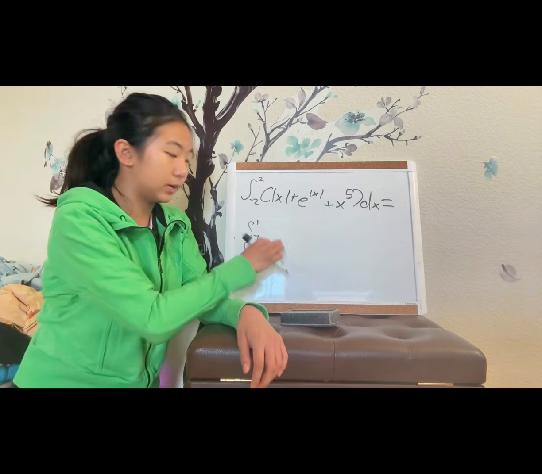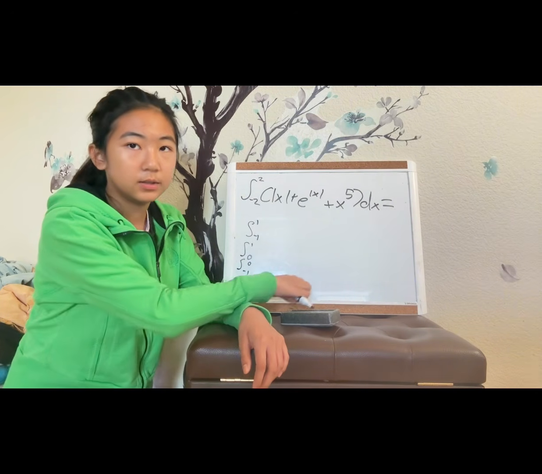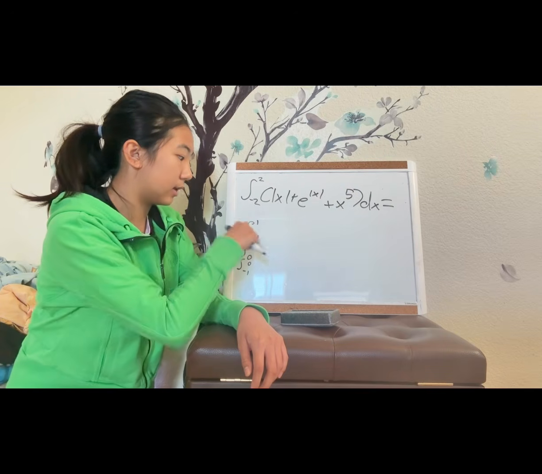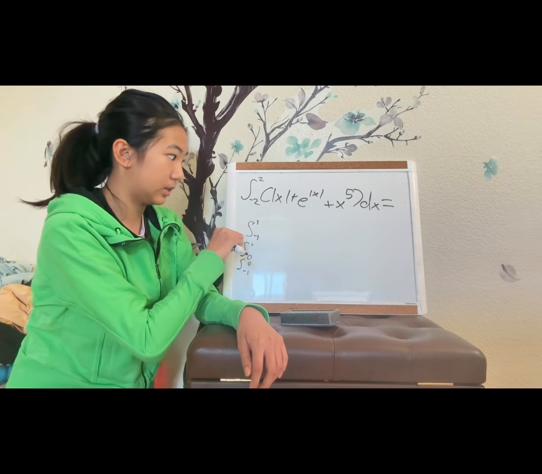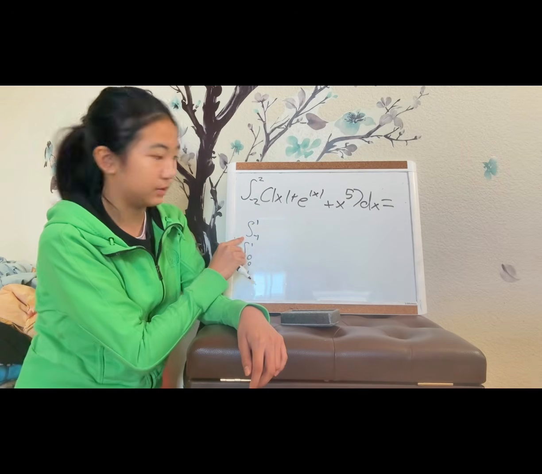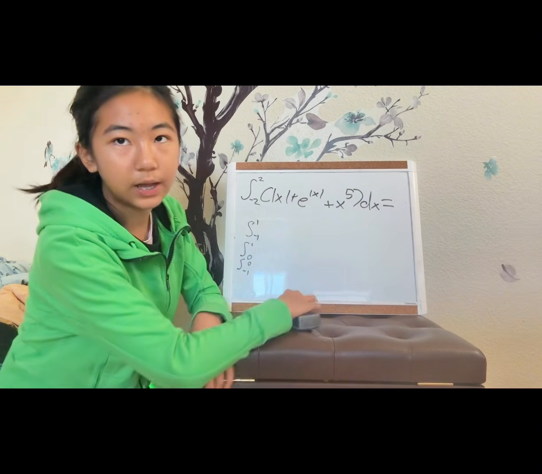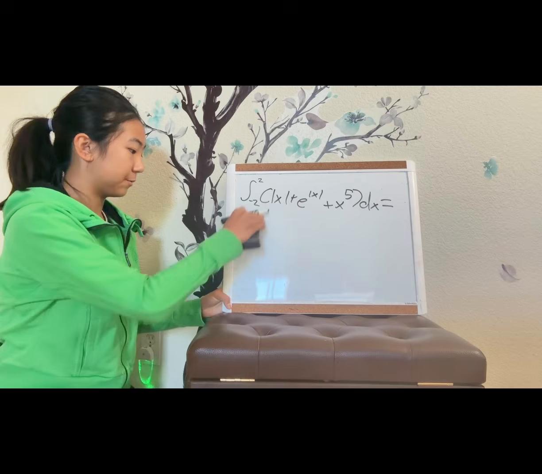If you add these two equations together, then we get the answer to the problem, which is -1 to 1. Okay, so that is the thing you need to know here.